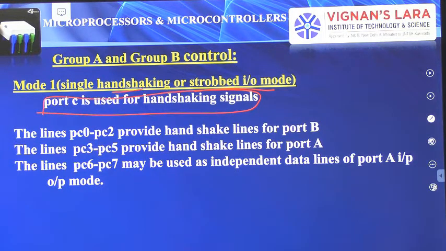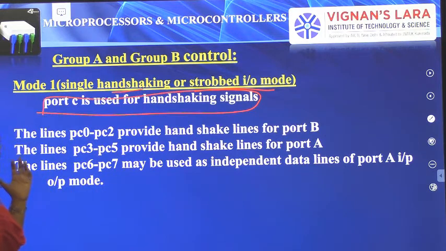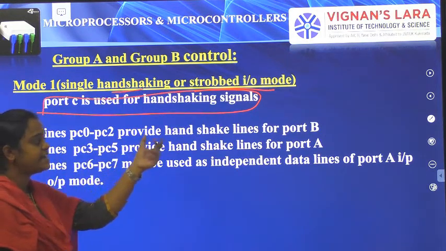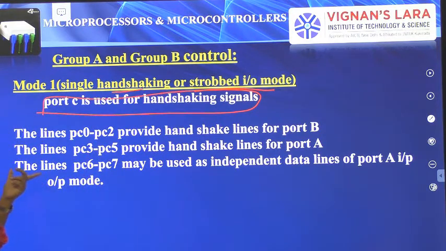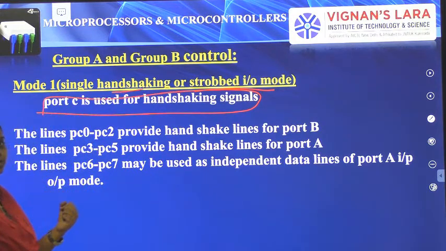For example, the lines PC0 and PC2 provide handshake lines for port B, and the lines PC3 and PC5 provide handshake lines for port A. The lines PC6 and PC7 may be used as independent data lines of port A, input or output.